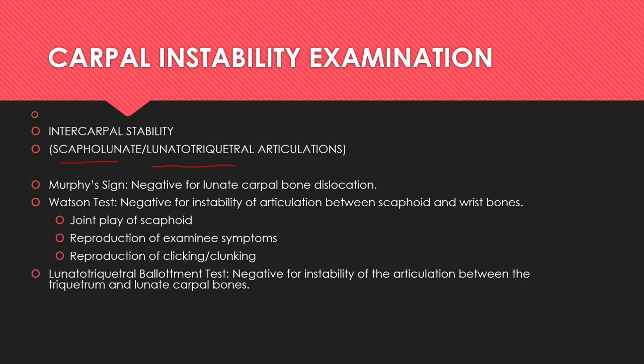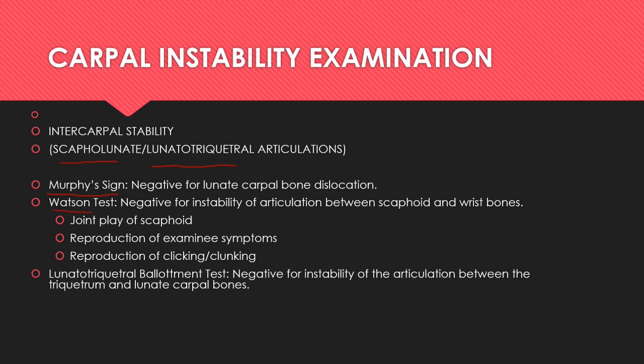These aren't the only tests used to assess these articulations, but we have the Murphy sign, which is basically an observation sign where the examinee makes a fist, and we look for some retraction of the third knuckle, which ordinarily protrudes beyond the knuckles of the index and ring fingers. But in the case of a lunate carpal bone dislocation, that knuckle will be sunken, and the sunken knuckle is known as a positive Murphy sign.